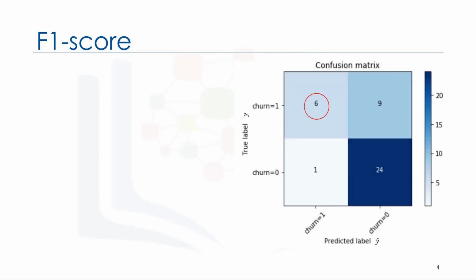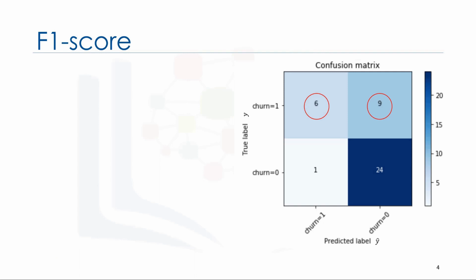This means that for 6 customers, the actual churn value was 1 in the test set, and the classifier also correctly predicted those as 1. However, while the actual label of 9 customers was 1, the classifier predicted those as 0, which is not very good. We can consider this as an error of the model for the first row.